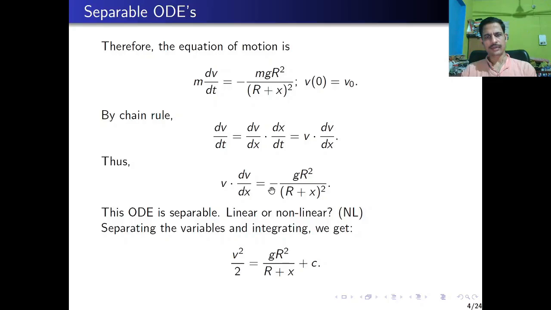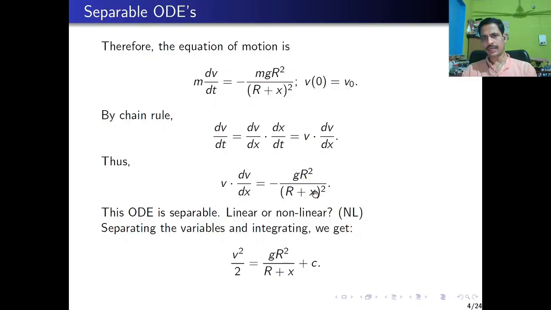Now, after doing that, if we integrate, on the left hand side we have v dv. So integration of v dv is v square by 2. Integration of the quantity on the right hand side, where there is a square appearing, will be g r square divided by r plus x, raised to minus 2.